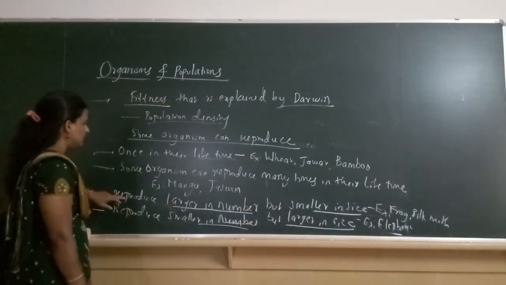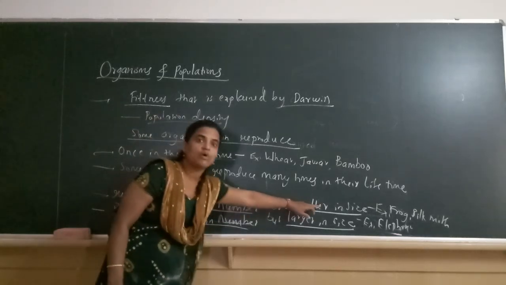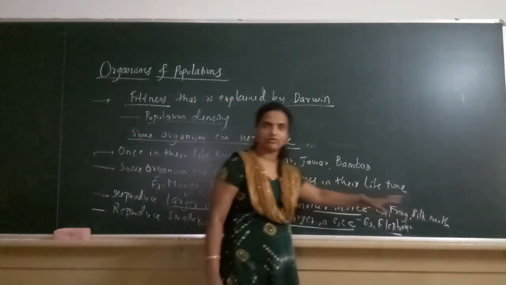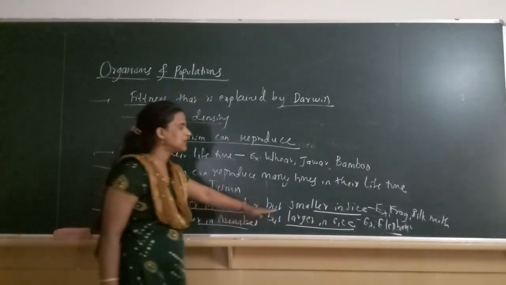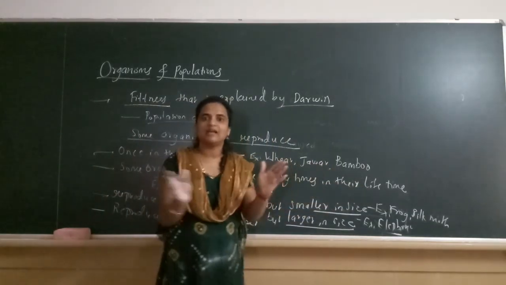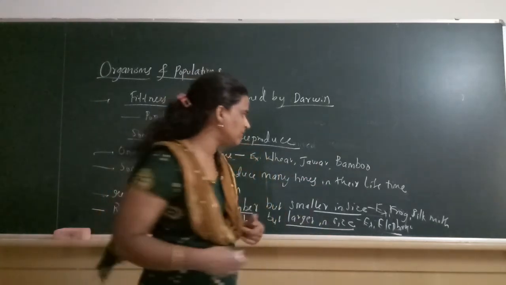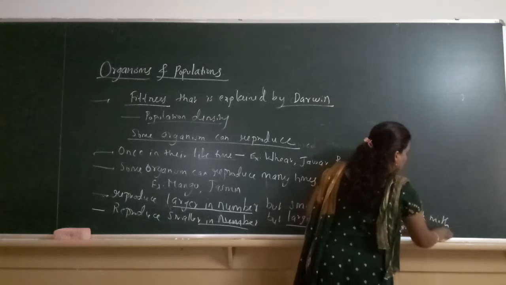Exactly vice versa. Some organisms reproduce larger in number but their size is small, for example frog, silk moth. And some reproduce smaller in number but larger in size. Their size is big, but their number is small. For example, human beings.